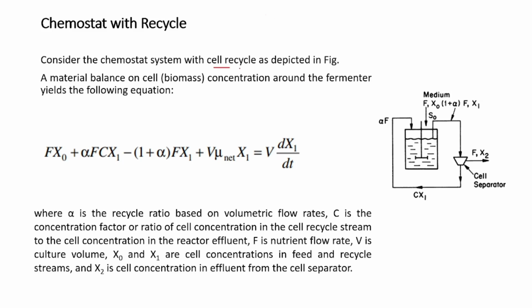So now we come to the design equation. On the right hand side, this is a chemostat with a recycle stream. Consider the chemostat system with cell recycle as depicted in this figure. If we do a material balance on cell concentration around the fermenter, so F x naught.